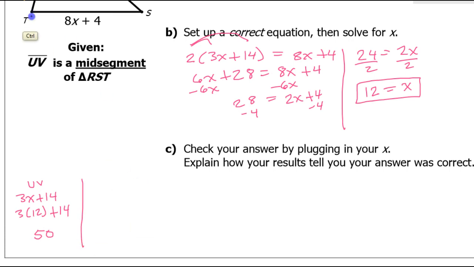And then the length of TS is 8x plus 4. So if x is 12, then that makes 8 times 12 plus 4.